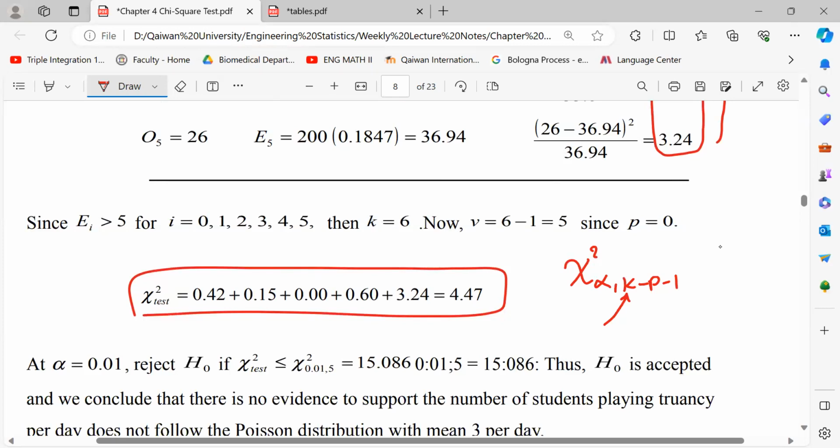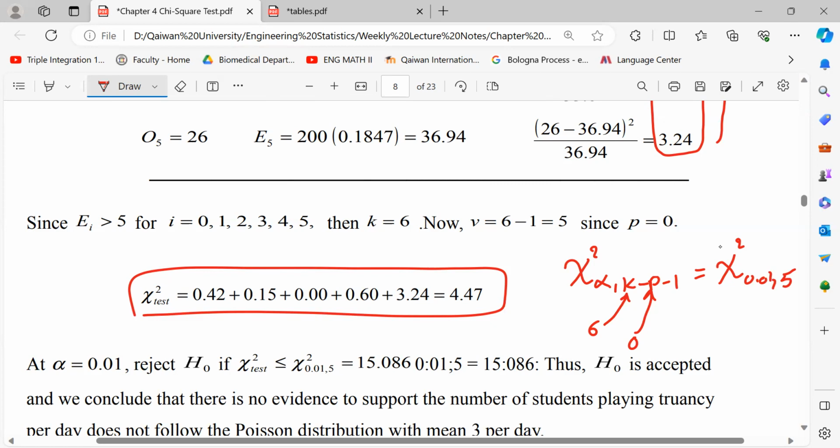We either get 0, 1, 2, 3, 4, or greater than or equal to 5, so you have 6 possible outcomes. K is 6. For p, there is nothing unknown, it doesn't say there is an unknown parameter, so it's 0. 6 minus 1 is 5. We get chi-squared of 0.01 and 5.